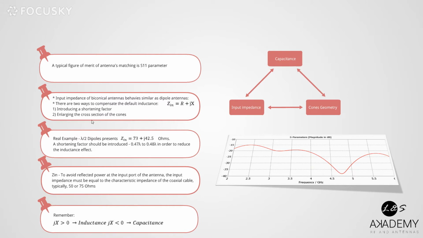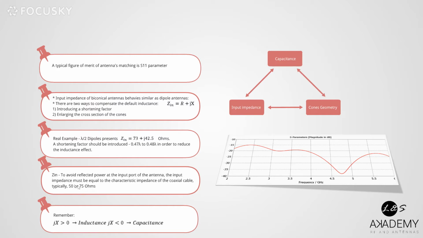So there are two ways to compensate the inductance presented in the input impedance. Here we have the inductance, and we want to compensate, to eliminate this effect in order to have just the real part, which should be 50 or 75.